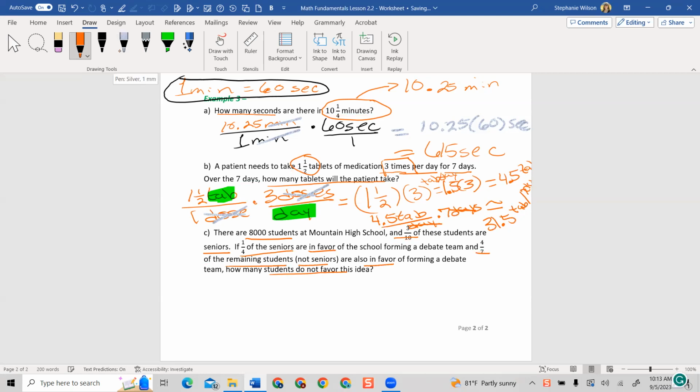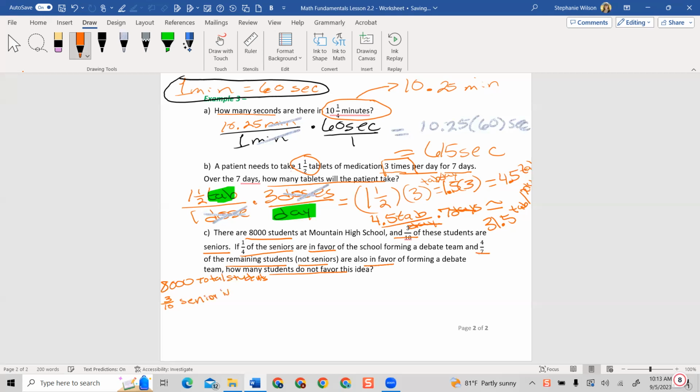So what we need to do is I like to label them to the side. It makes it easier. You don't have to, just whatever method works for you. So let me find my pen right quick, guys. There it is. So I have 8,000. I'm going to call it total students. And it said 3/10 of them are seniors.